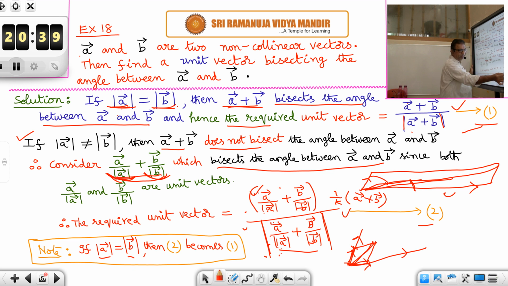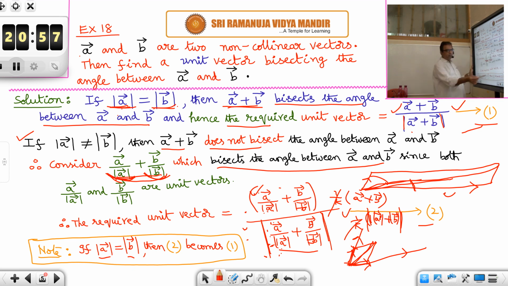So the denominator will be 1 by k into mod of A bar plus B bar. The outside 1 by k now gets cancelled. You will get A bar plus B bar by mod of A bar plus B bar. So you will get this formula.